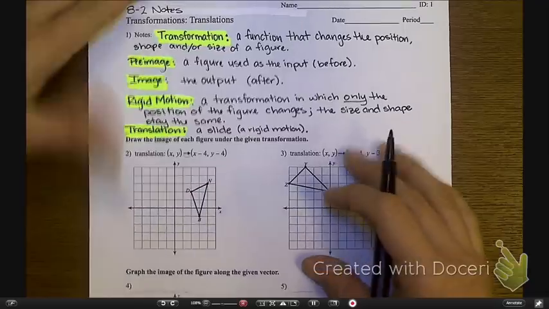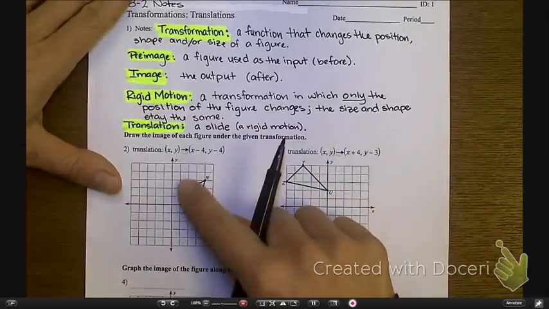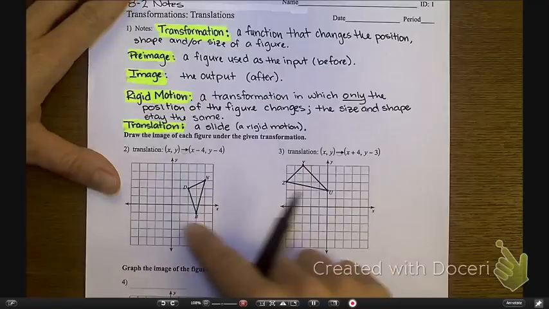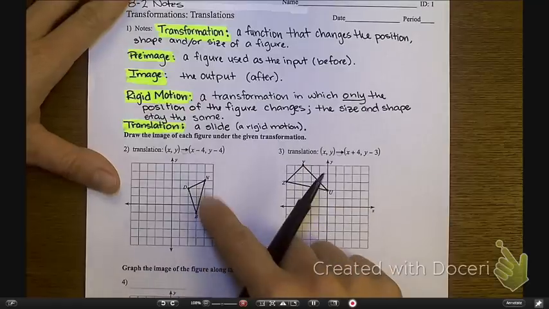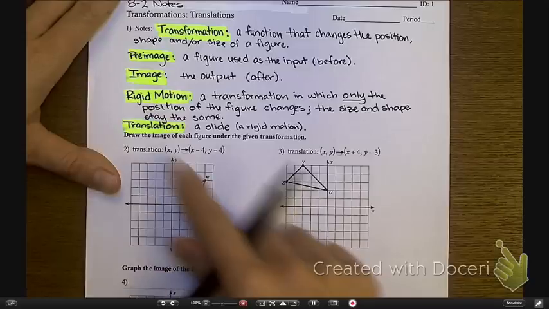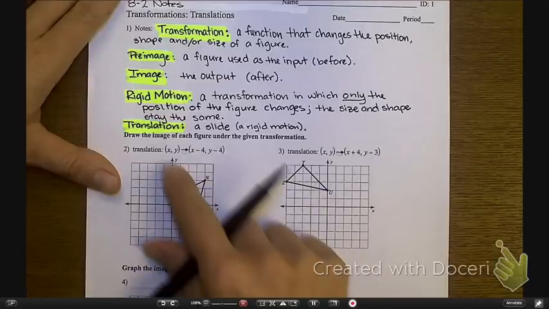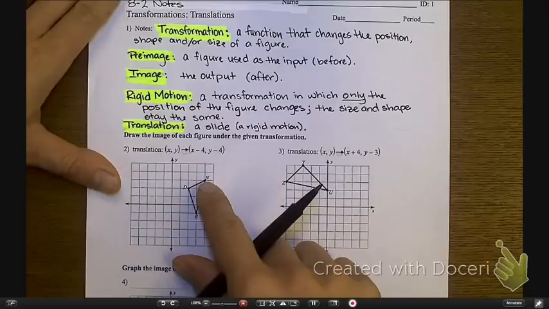So here is my original figure. This is the before. This triangle is the input. The location of its points are the x and the y. Each one of these points has an x and a y.